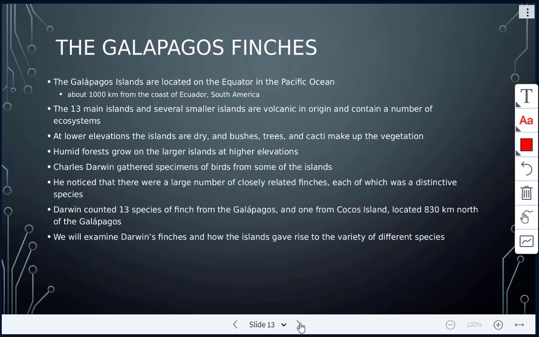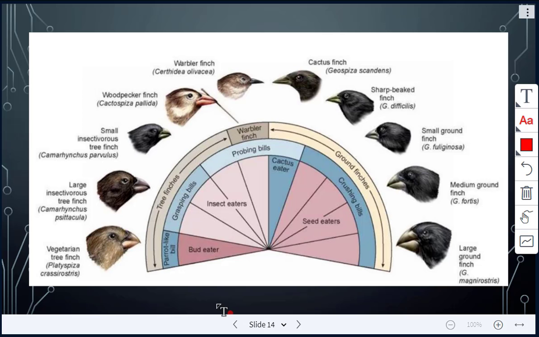So in this diagram here, we can see all these different species of finches, and there were different types. There were, for example, ground finches, so they were living more on the ground. Look at their beaks or their bills. They're described here as crushing bills because they were seed eaters. All right, so they needed these larger, stronger beaks to be able to crush seeds.